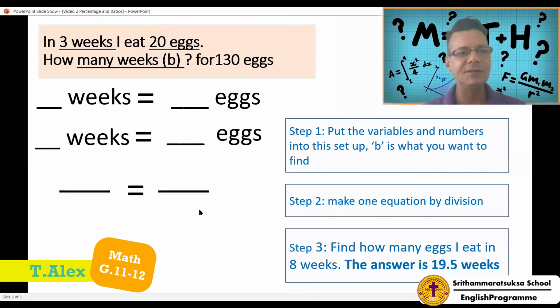But the point is, can you make the method from what you saw in the previous slides and put in the numbers and get to this answer of 19.5? So remember, we use ratios all the time, but when the numbers are difficult, you need to make an equation and then find your missing value.